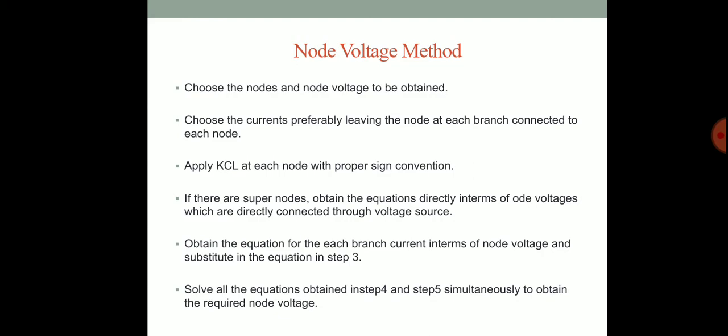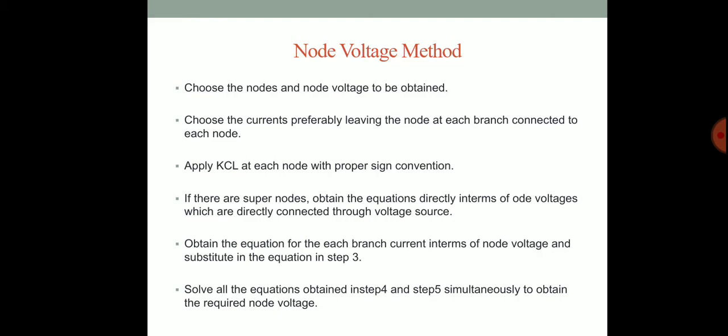So the following are the steps of the node voltage method. First, choose the nodes whose node voltages are to be obtained. Second, choose the current preferably leaving the node at each branch connected to each node. Number 3, apply KCL at each node with proper sign convention.